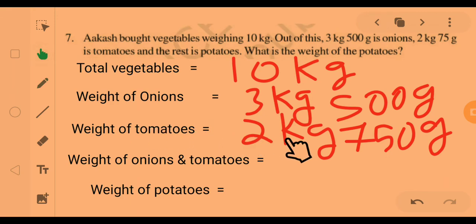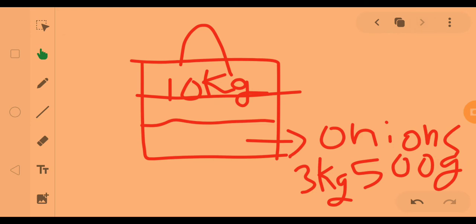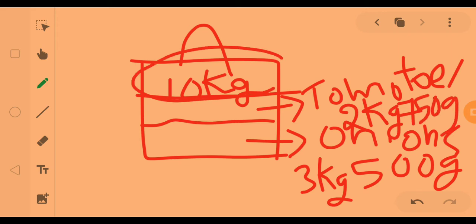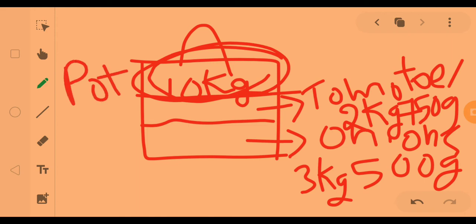Then after onion, what does he have with him? He has tomatoes. Tomatoes, how much? 2 kilogram 750 gram. Then the rest of the vegetables are potatoes.